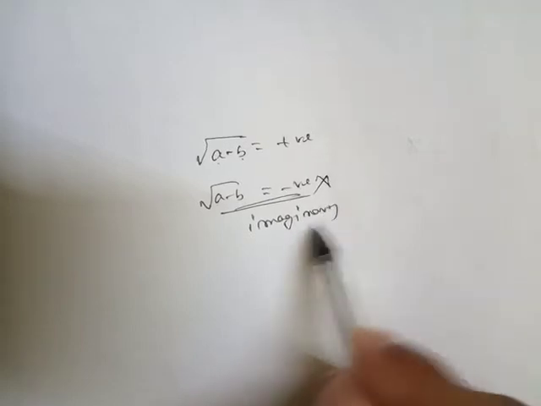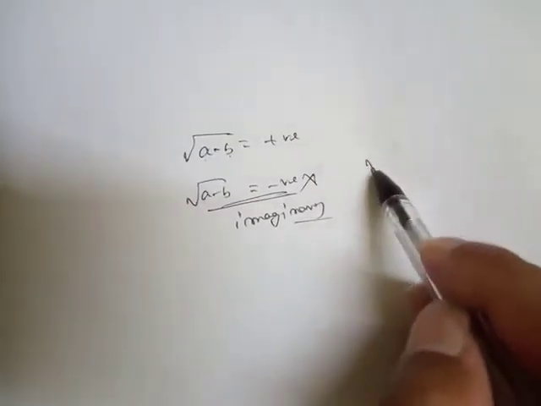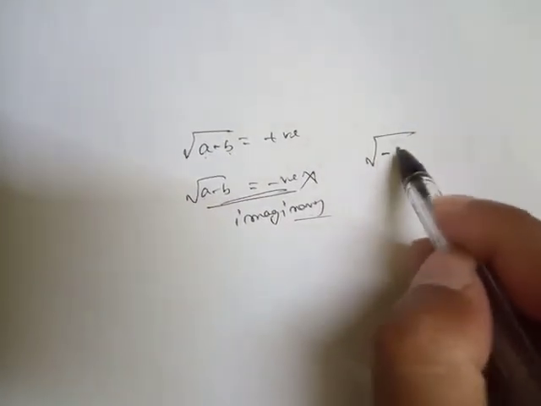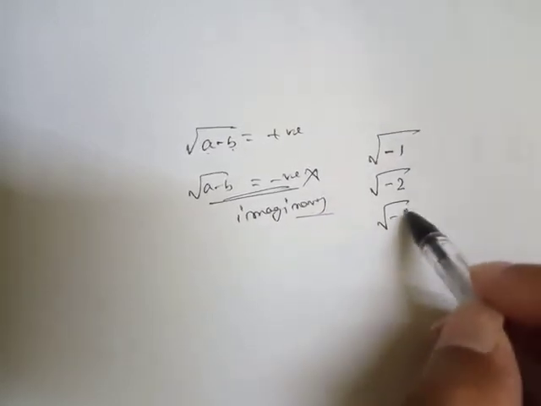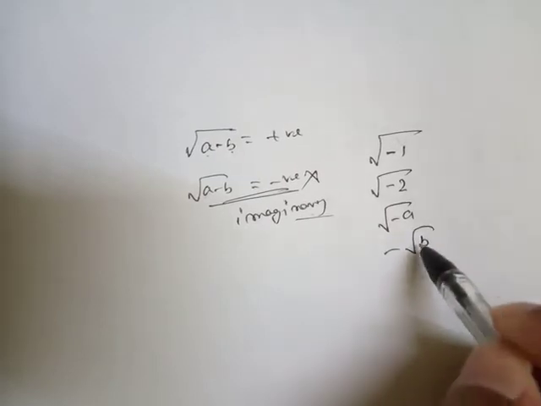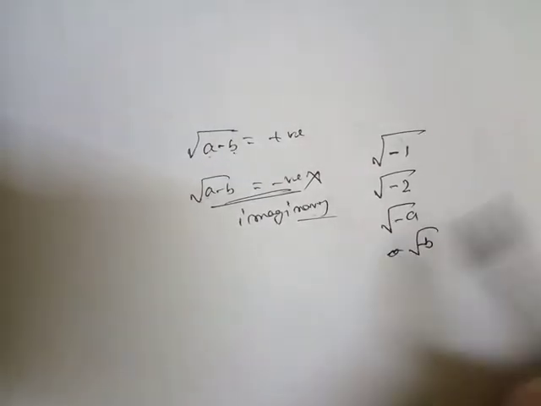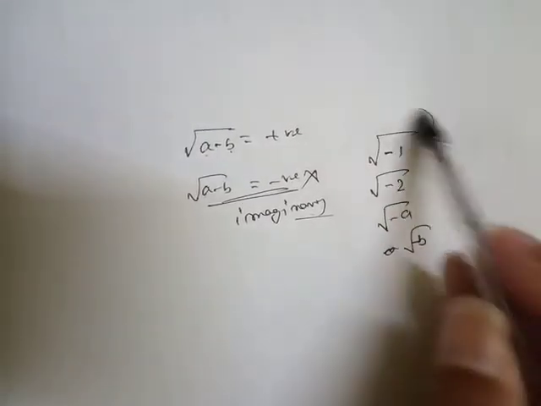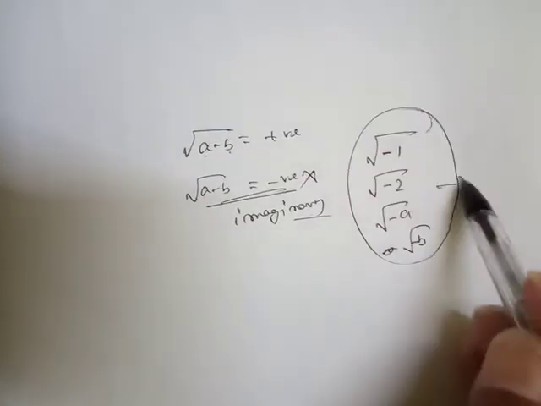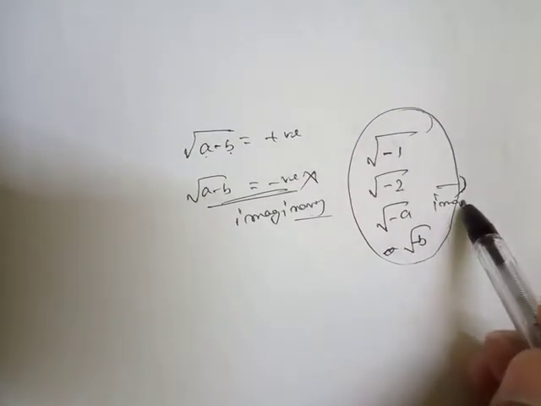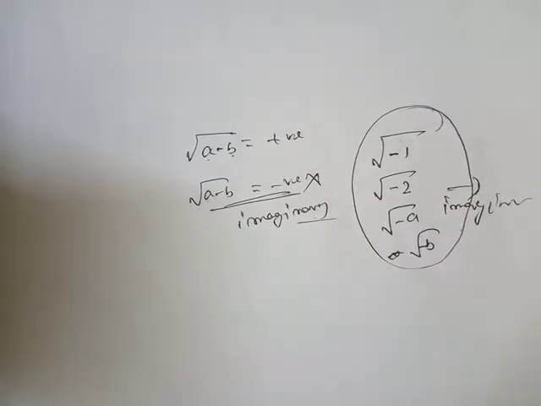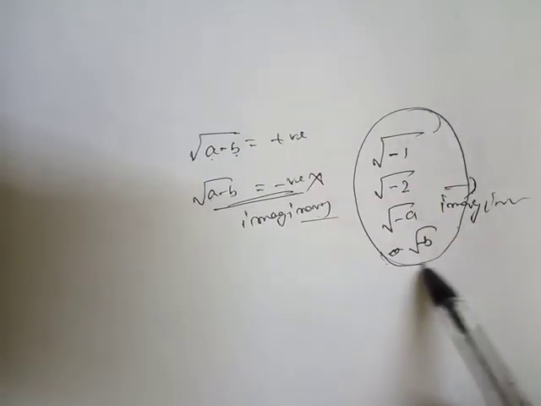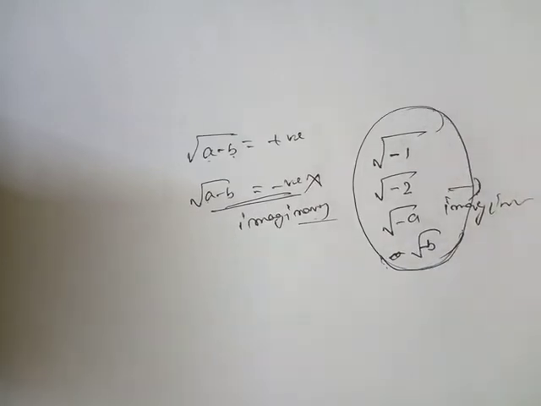Now what is the meaning of imaginary? Look here now, inside the root, if the value is minus 1 or minus 2 or minus a or minus b, whatever it may be, we can say that the whole thing is called imaginary. This concept belongs to complex numbers, and this concept belongs to class 10 advanced maths.